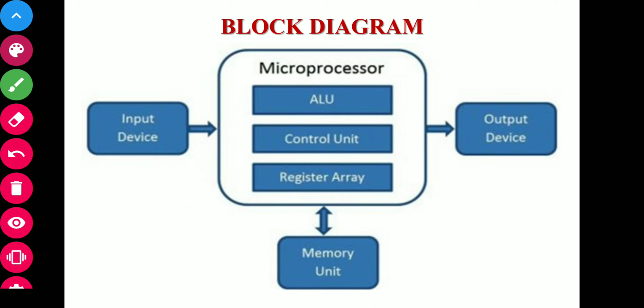As I said already, this microprocessor is the brain of your computer. Here the ALU is the arithmetic logic unit, which performs arithmetic as well as logical operations like subtraction, addition, AND operation, OR operation. The control unit controls every operation performed by your microprocessor.